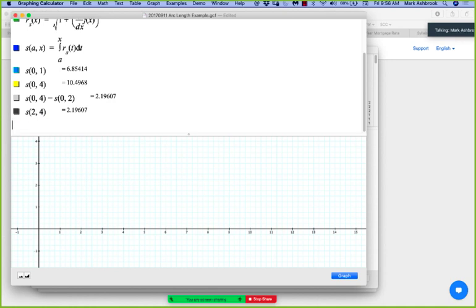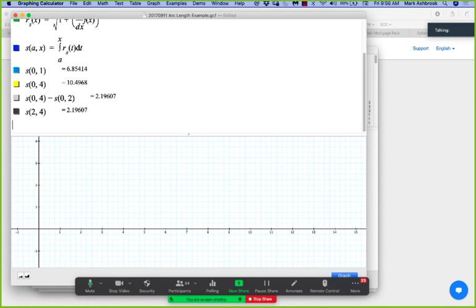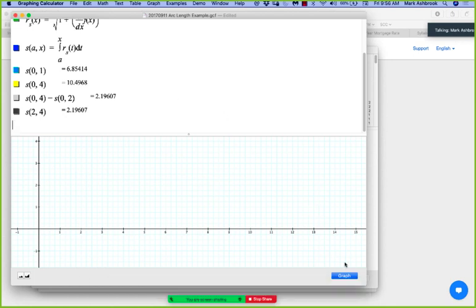Okay, so now I want to graph this. I want to actually graph the accumulation of arc length. I want to get a graph that gives me, for every x value, how much arc length I've accumulated along the red graph. So how will I graph the accumulation of arc length for this red graph? What will I type in?